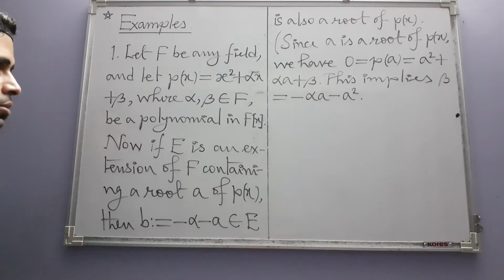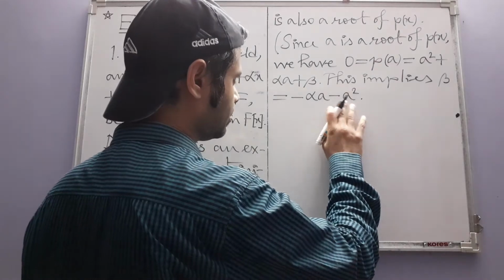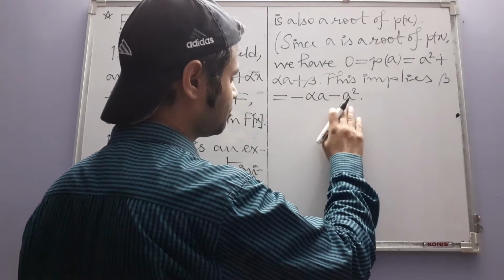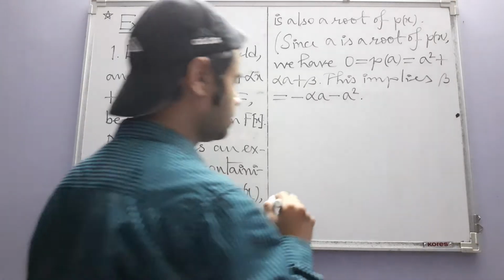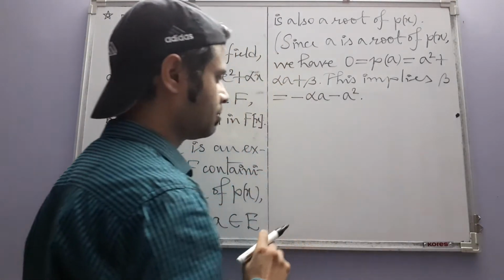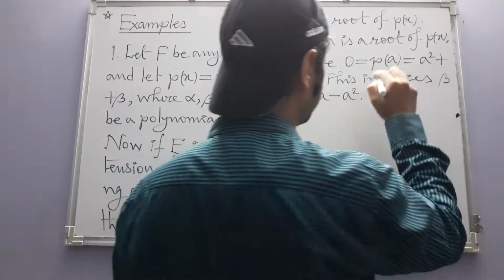Okay, so that's what we see. I don't see anything else. That's what we can get from the condition that a is a root of p(x). Now we just directly try to calculate p(b) and see whether we get 0 or not.